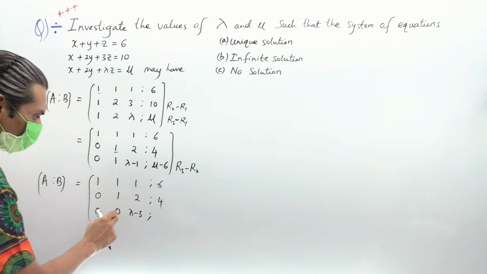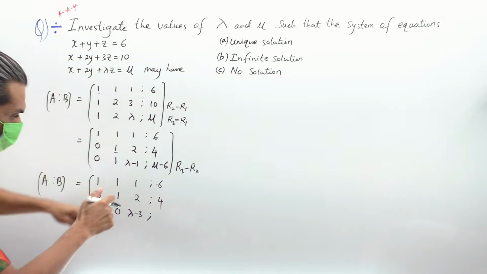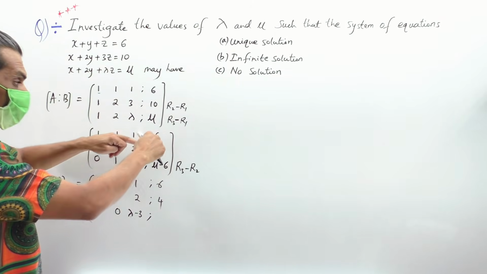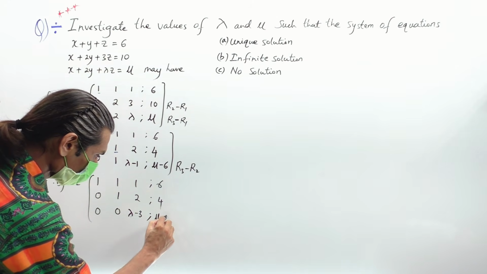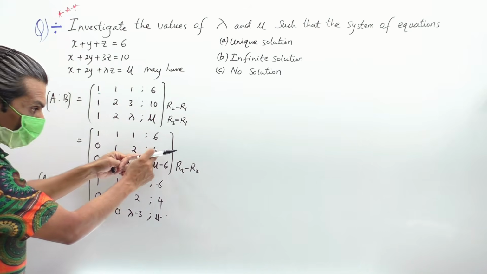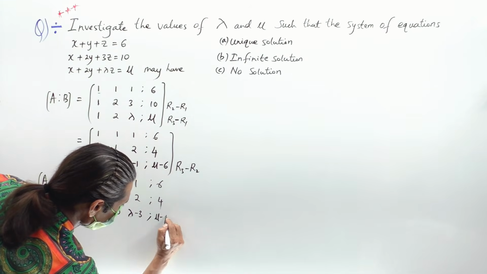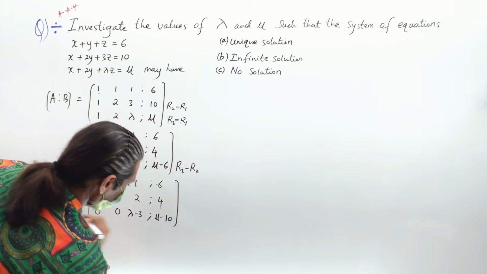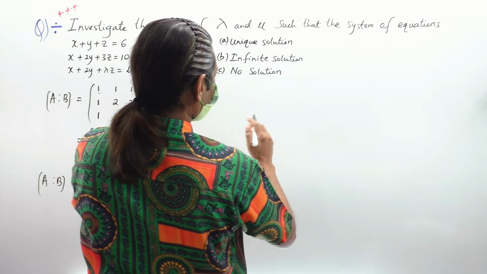And lastly, what we have? See, mu minus 6 minus 4. Minus 6 minus 4 is minus 10. So it is mu minus 10. That's all we have. So I rewrite here once again for a clear understanding.